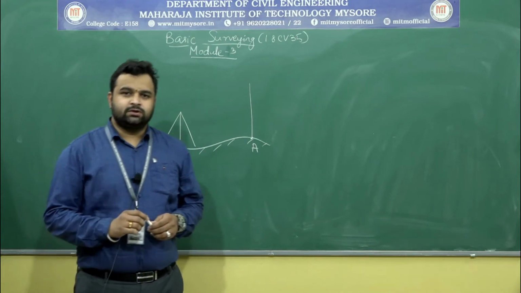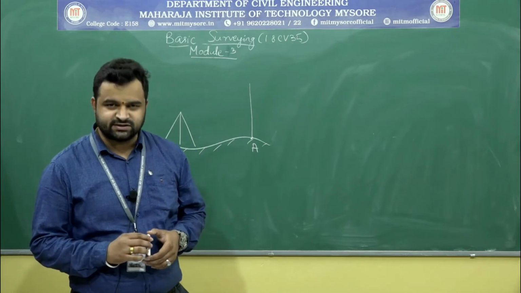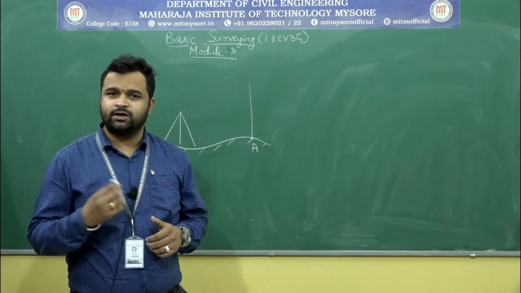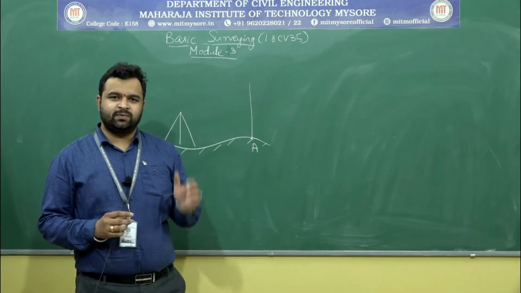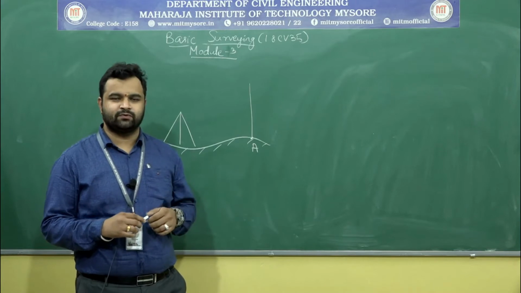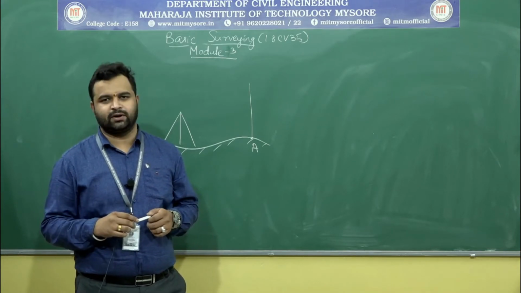We should start our leveling by considering a benchmark. It may be a temporary benchmark or a permanent benchmark. By keeping the benchmark as a reference whose elevation is known, we can easily calculate the elevation of the required point.